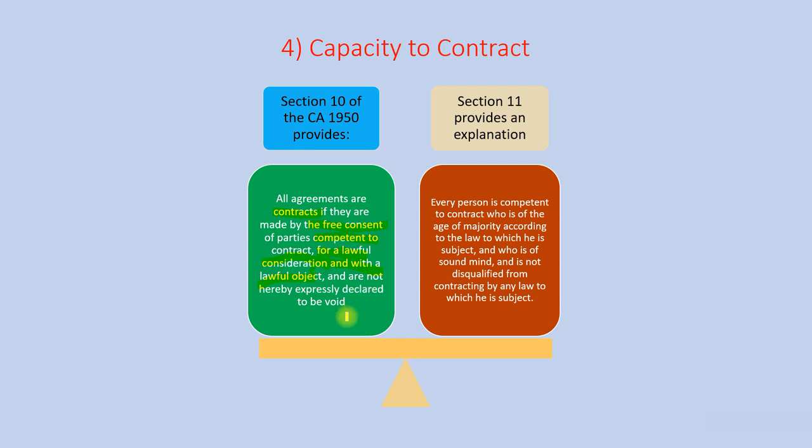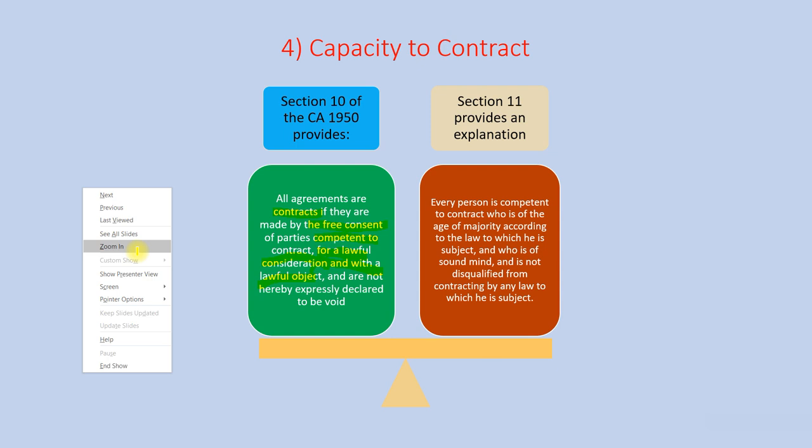The opposite of void is valid. So all in all, based on these provisions, as long as the contract is entered into by the free consent of competent parties, number 2, number 3, lawful consideration with a lawful object, or 4, they are declared as a valid contract, right?